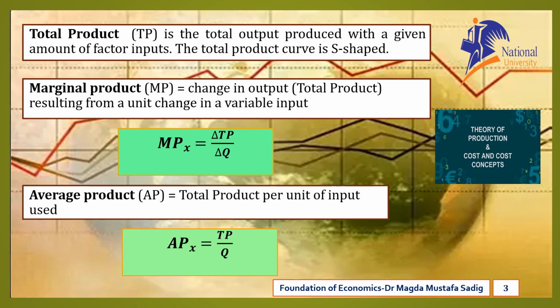The second concept is marginal product. Marginal product is the additional output produced when one more unit of a variable input is added, keeping all other inputs constant. The formula says that marginal product equals delta total product divided by delta Q, and Q here represents the inputs.